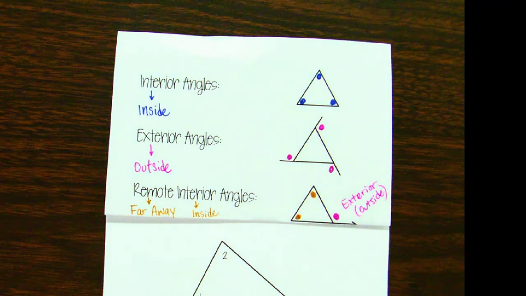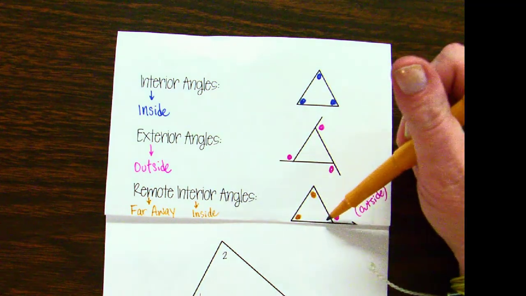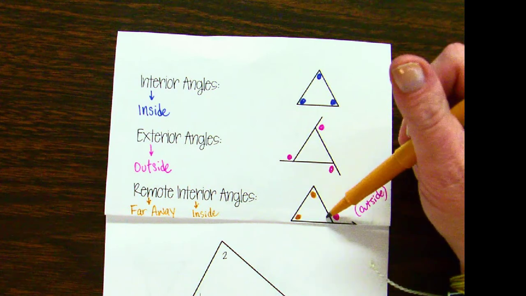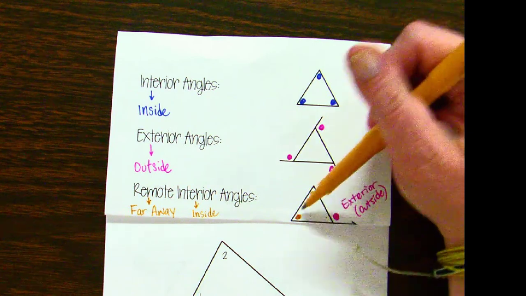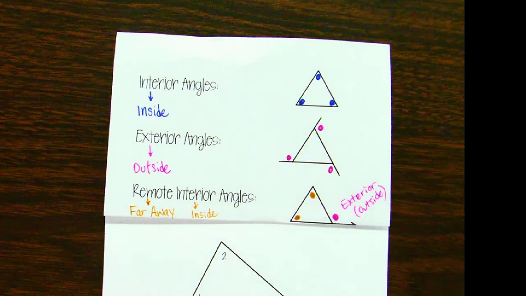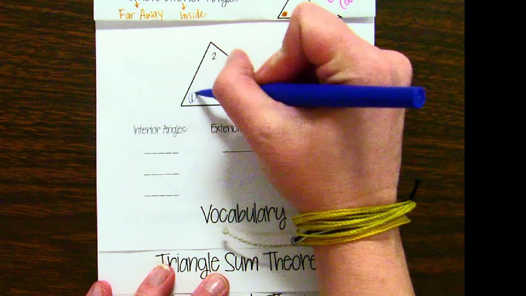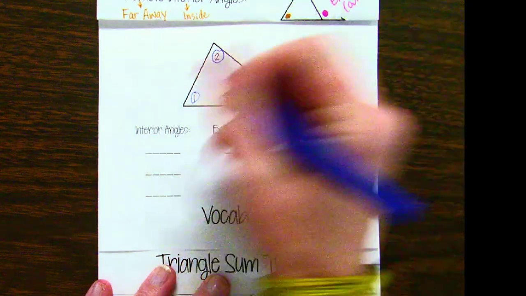And that's all there is. So not this angle right here, because it's right beside the exterior angle. It's not far away. Not this inside angle, but the two that are far away. That's remote interior. So looking at this triangle, the interior angles are going to be angles 1, 2, and 3.